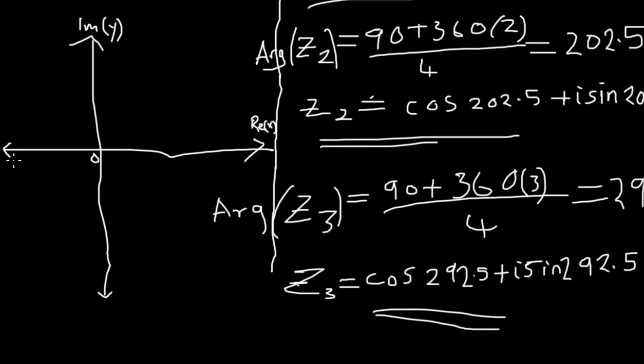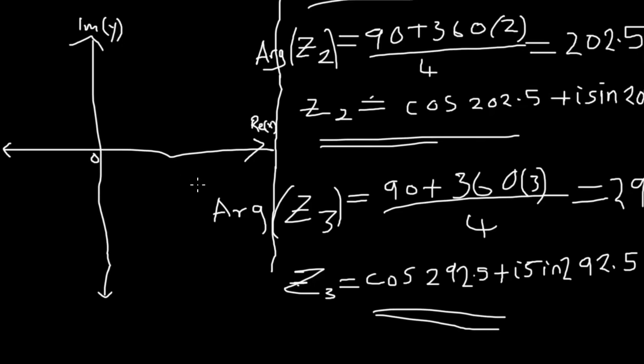So now let us start drawing our complex numbers. You just check the arguments that you have been given. The simplest way is this: if you have a protractor which can measure angles, it's even better.